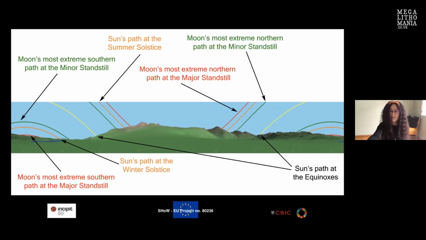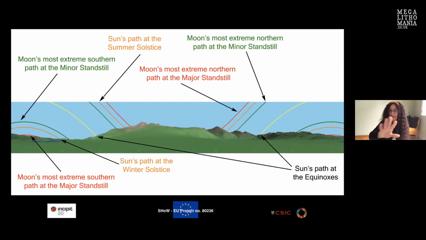In the south, which we've doubled left and right of the picture, but we can look left because we've got arrows here, this is the moon's rising and setting at, again, a major point, but in the south. The orange lines are the sun. The northern lines are the sun at the summer solstice, and the southern orange lines are the sun rising and setting at the winter solstice. Now we've got those green lines there. And you had a lesson yesterday in question time about the moon at what's called the minor standstill.